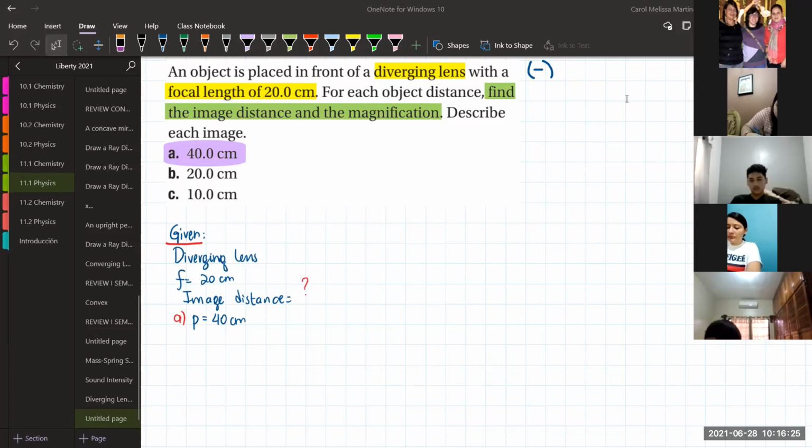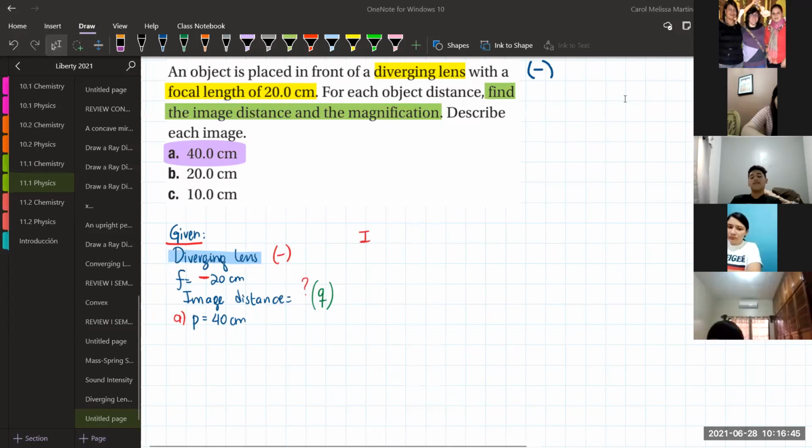They're asking you to find the image distance. Image distance, remember, is Q, what you're going to look for. And because we're talking about a divergent lens, remember these are the negative lenses, which means that the focal length is going to be negative. Remember, sorry.